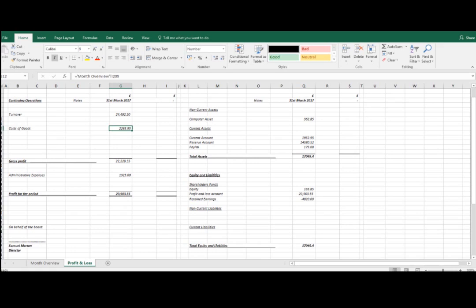So it cost this company £2,200 to make this many sales. So that's our gross profit, and then admin expenses. So this is just a group total of things like wages, rent, electric, and then we have profits for the period, which is the net profit, which is just down here.